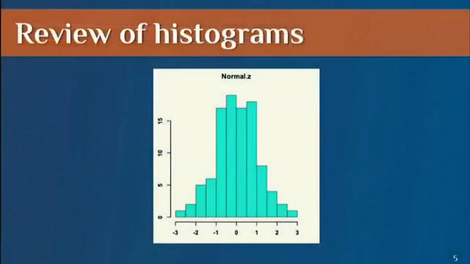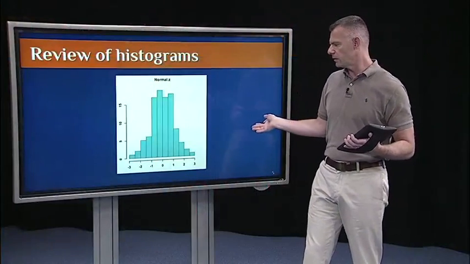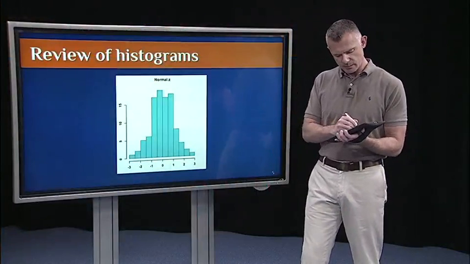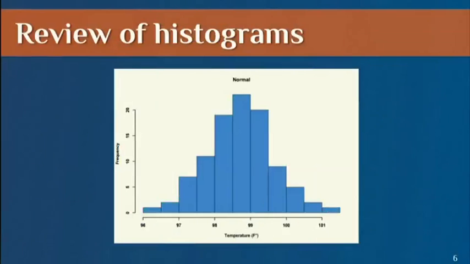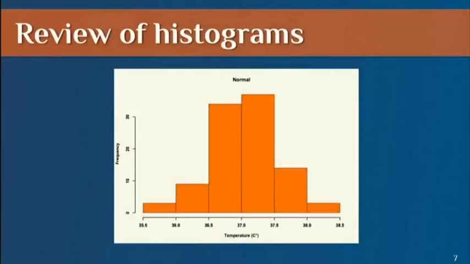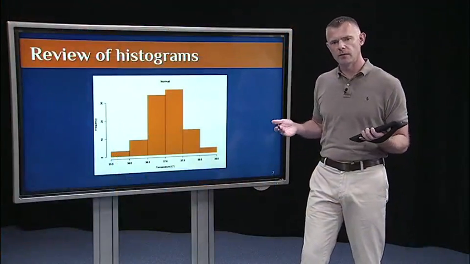Again, I'm assuming I have a random sample of healthy individuals, and I measured their body temperature, and then converted it to z-scores so that the mean body temperature is 0. If you prefer, I could plot it in degrees Fahrenheit, so the mean is about 98.6, or again, we could look at it in Celsius.